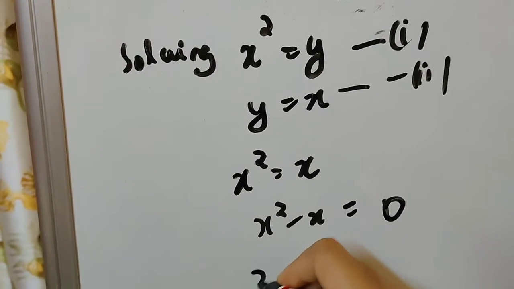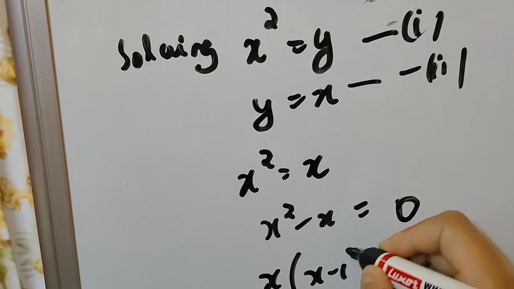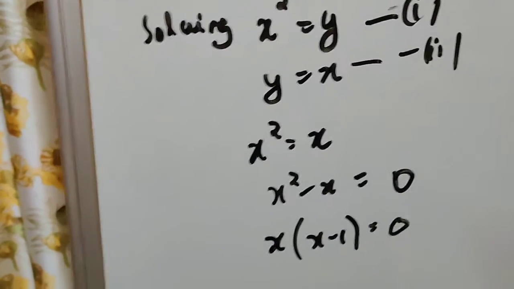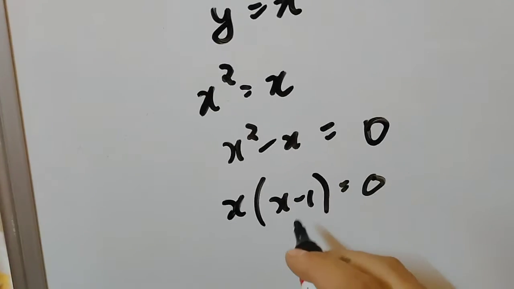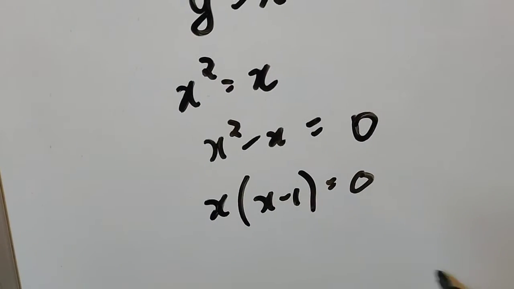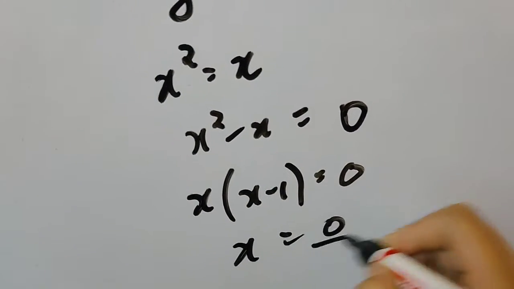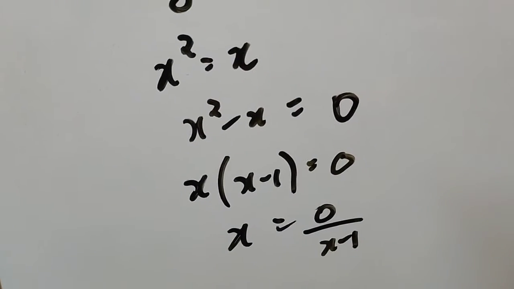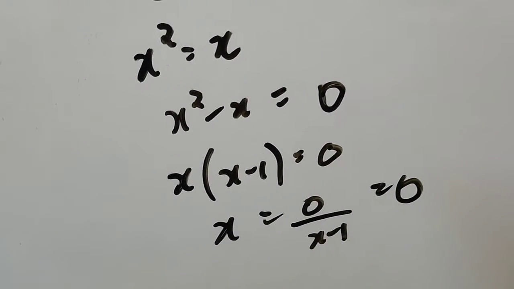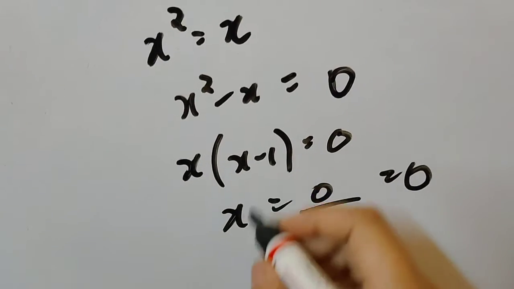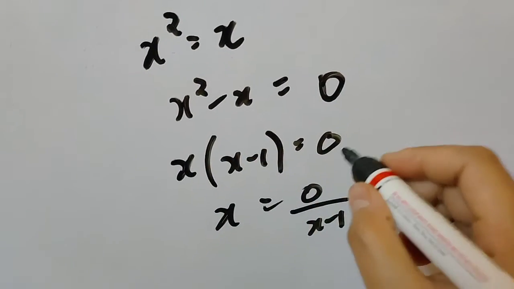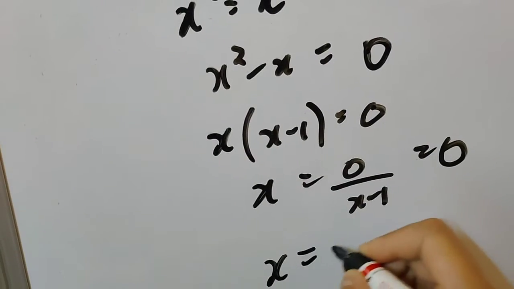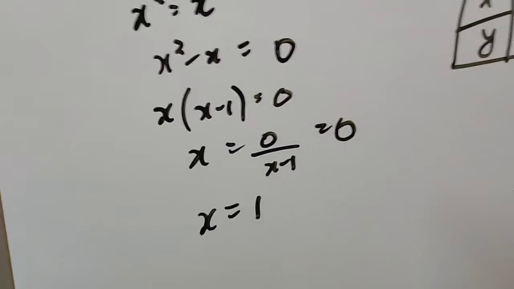Take x common: x into x minus 1 equal to 0. Now there can be two values: x equal to 0, or x minus 1 equal to 0, which gives x equal to 1.